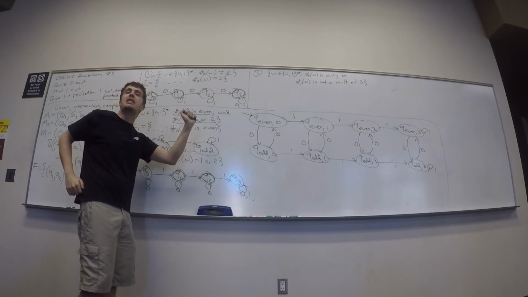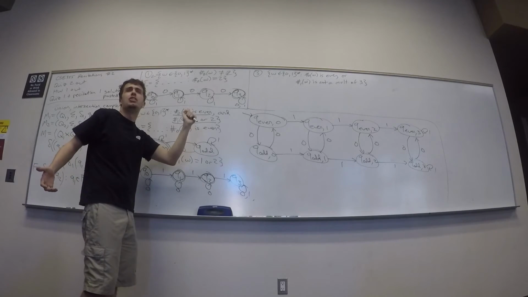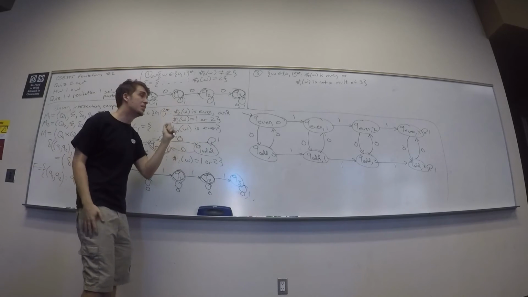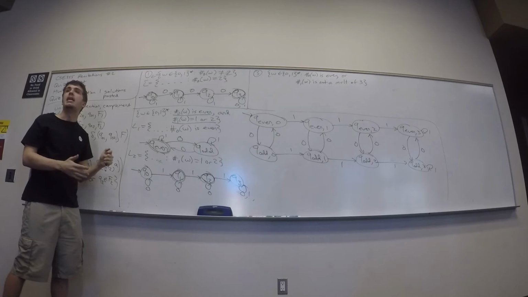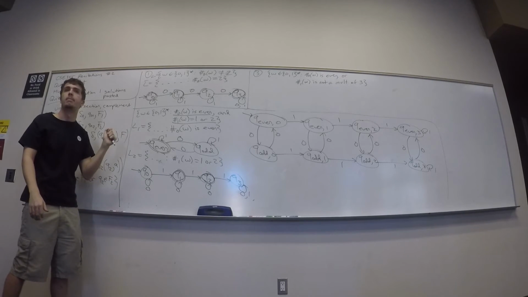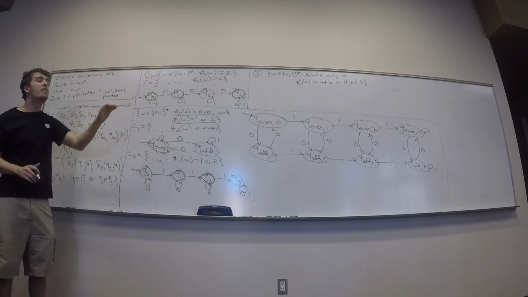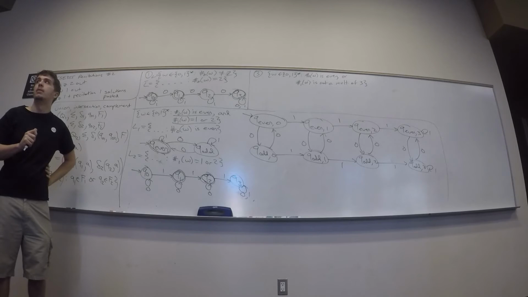Am I done making this DFA? I may be done with the transition function, but what have I forgotten? Final states. Final states, okay. So remember, none of what I did had anything to do with intersection. But now I gotta figure out what is the intersection. So how do I figure out what the final states are going to be for intersection?